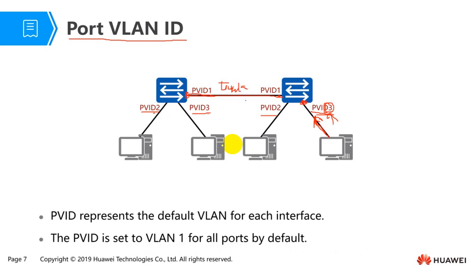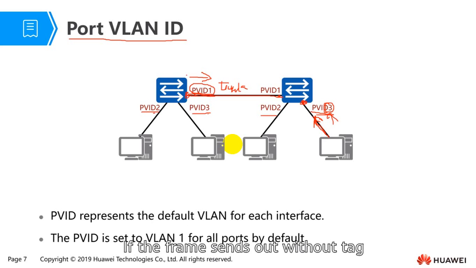But the trunk link also has the PVID, the port VLAN ID. That means this trunk link can carry frames both without a tag and with a tag.